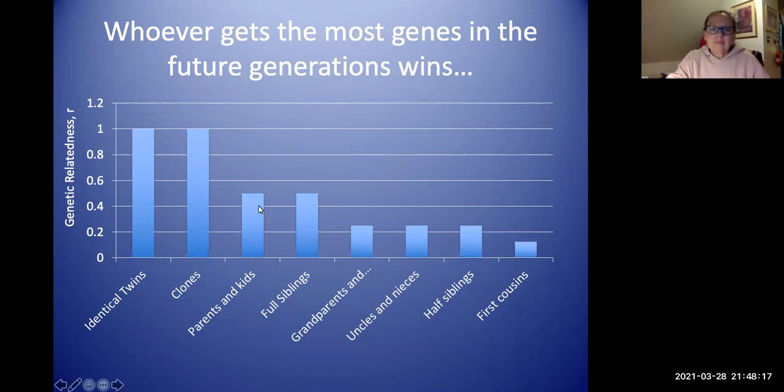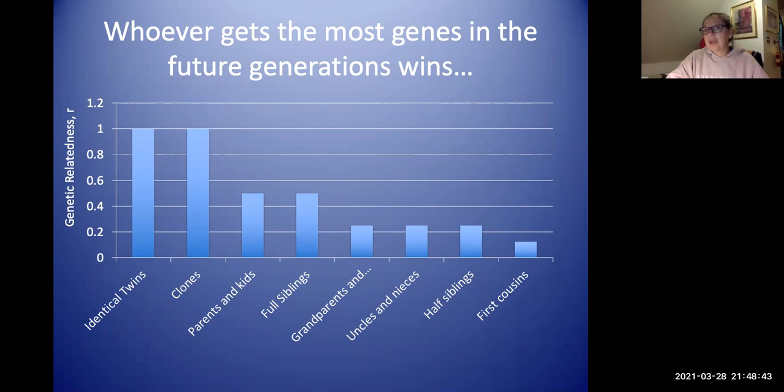Okay. So just to go over this graph one more time. On the x-axis, we have different relationships that you can have between relatives: identical twins, clones, parents and kids, full siblings. And on the y-axis, we have our R, or our genetic relatedness. Our R can go down to something approaching 0.